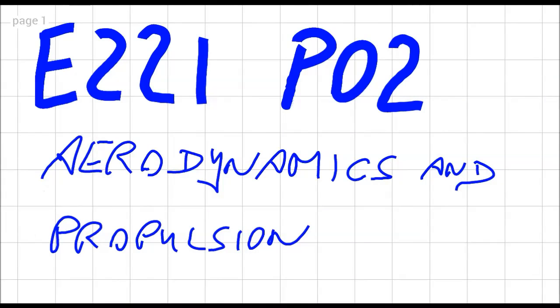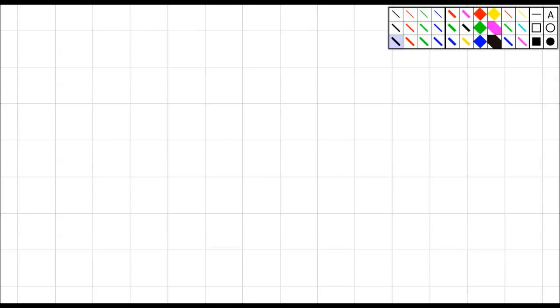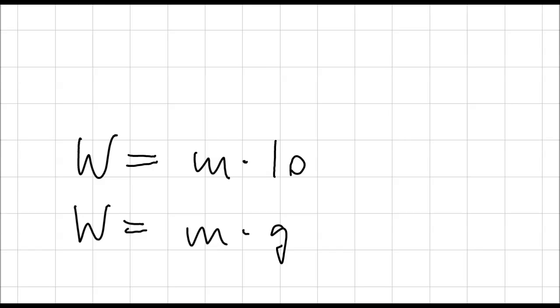Let's think about this. Quite frequently I see in your calculations numbers like this. Weight equals mass times 10. Or I see weight equals mass times gravitational acceleration.